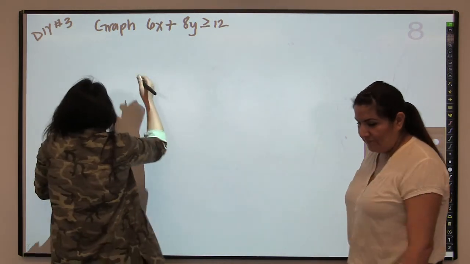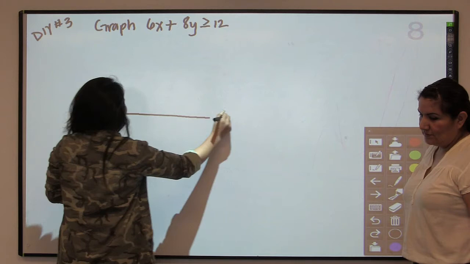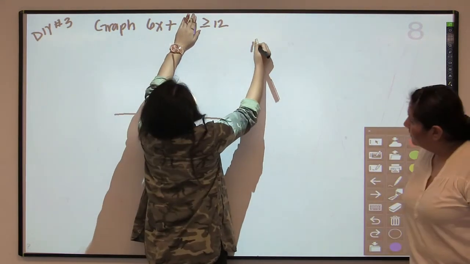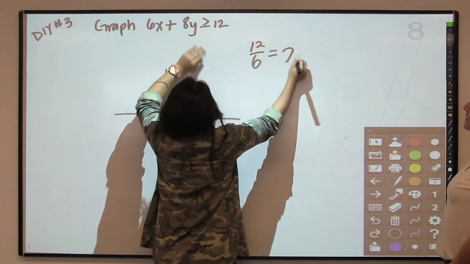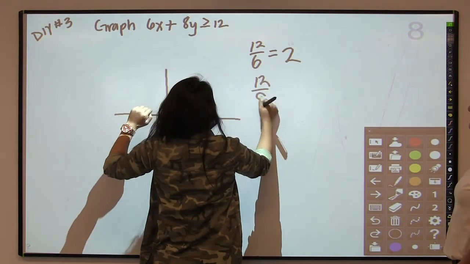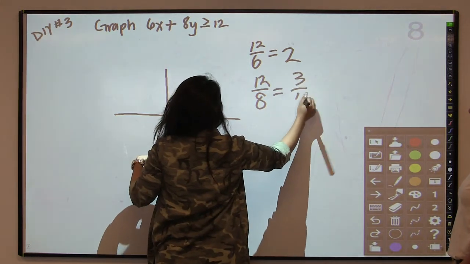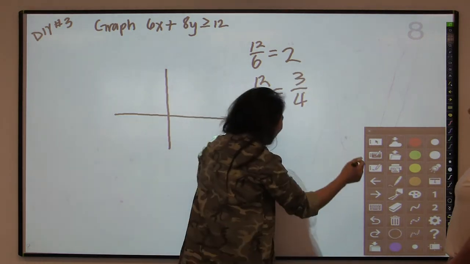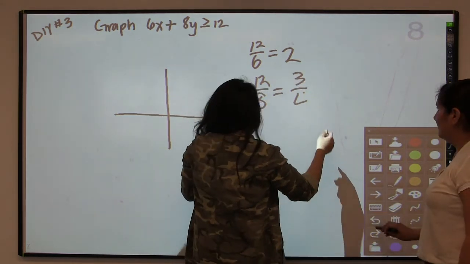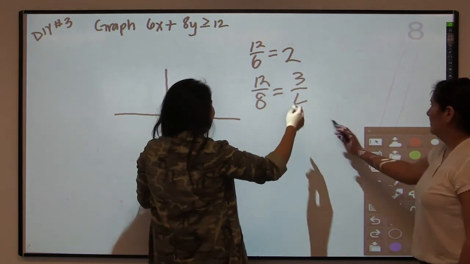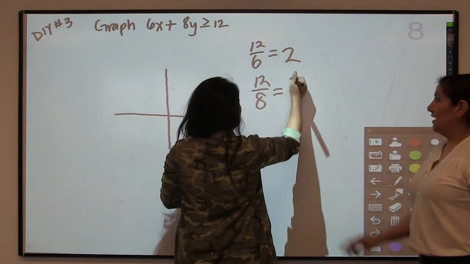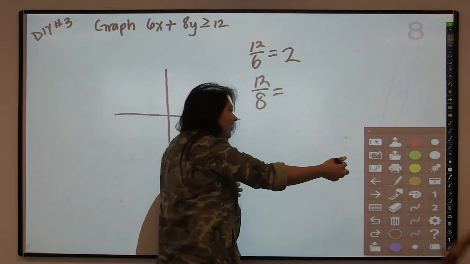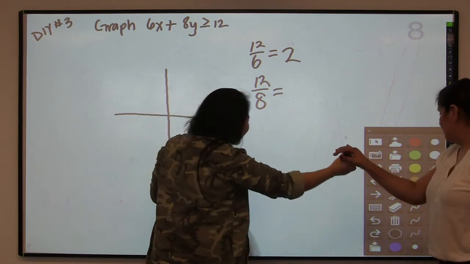Hi. Okay, so, you do hide and divide. So 12 divided by 6 is 2. 12 divided by 8 is actually, wait, 4 goes into 12 3 times.